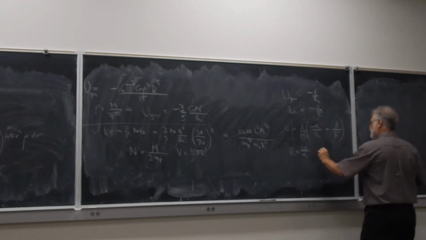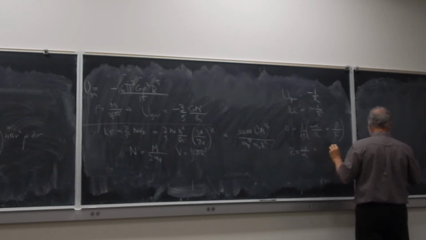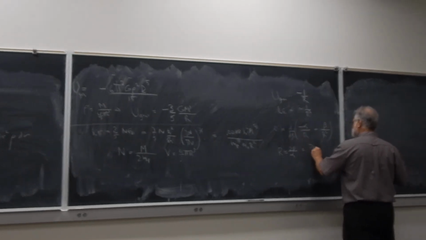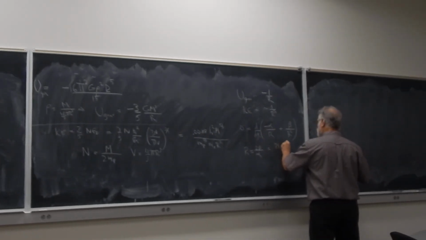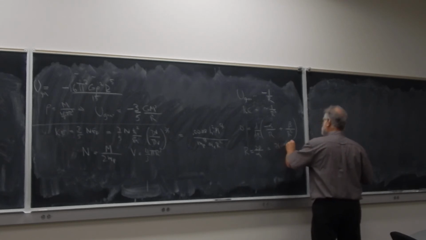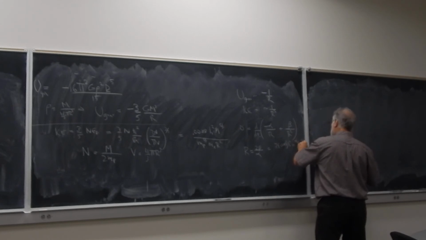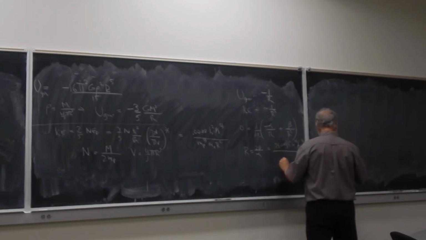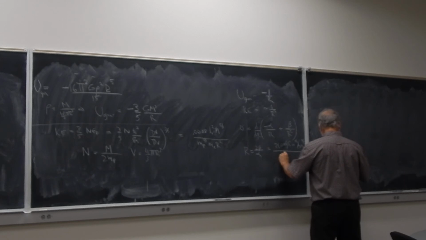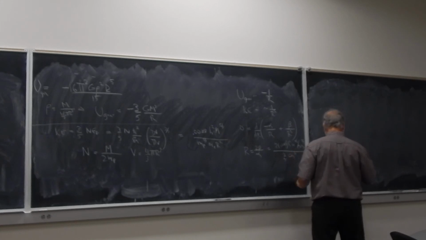And that's going to give me, put all my variables in, that's 2 times 0.0088 h squared M to the 5/3 over the mass of the electron, mass of the proton to the 5/3, divided by 3/5 G M squared.